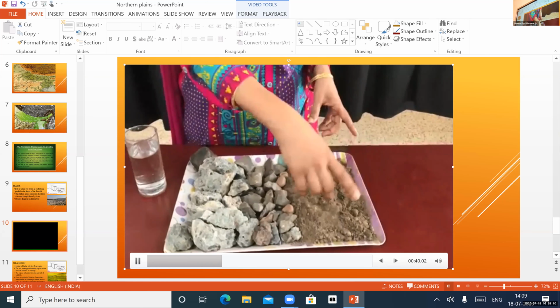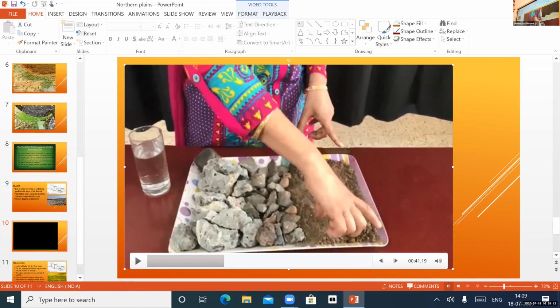Okay. Then this is the foothills of Mount Himalaya or Himalayan mountains. At the foothills of Himalayan mountains, rivers deposited pebbles, stones and soil. Clear?